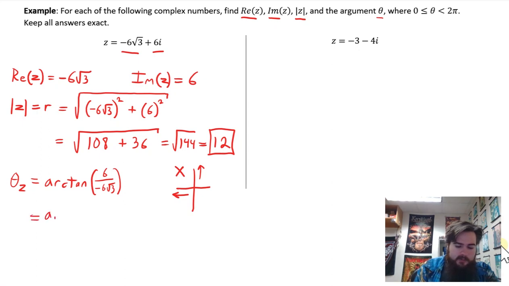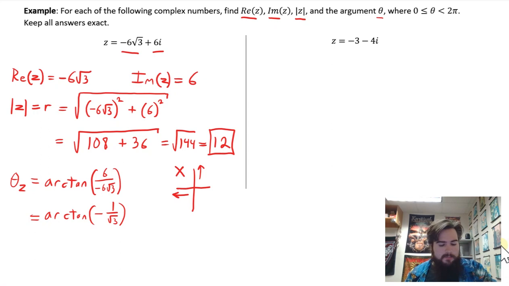Now, if we simplify that, that's arctangent of -1 over root 3. That would mean I'm looking for an angle measure that would involve square root of 3, so that would be an angle measure of pi over 6.